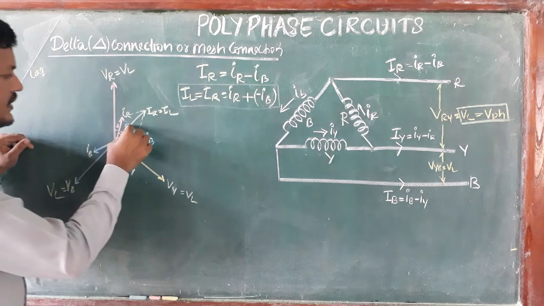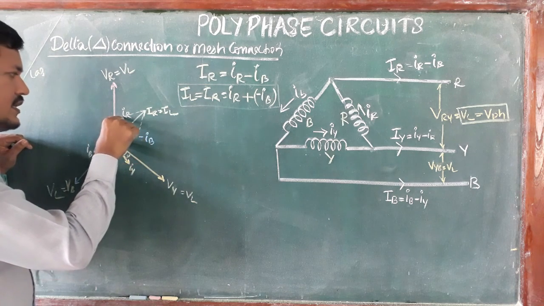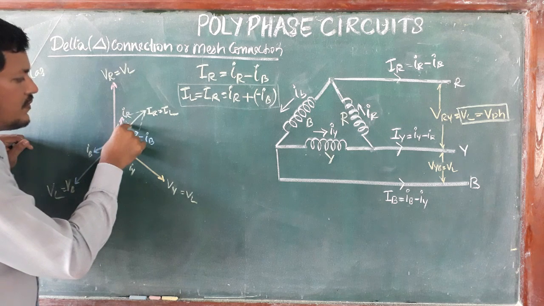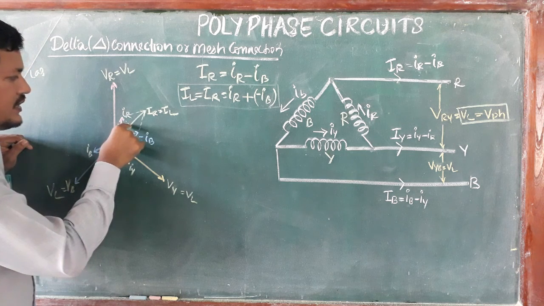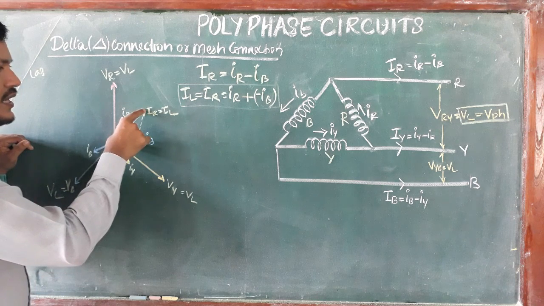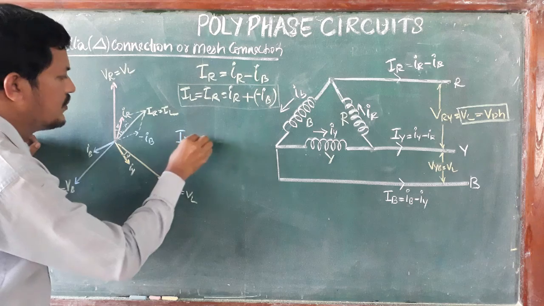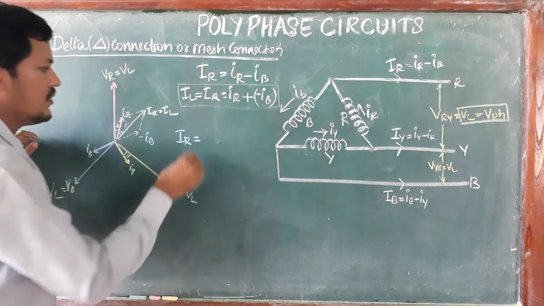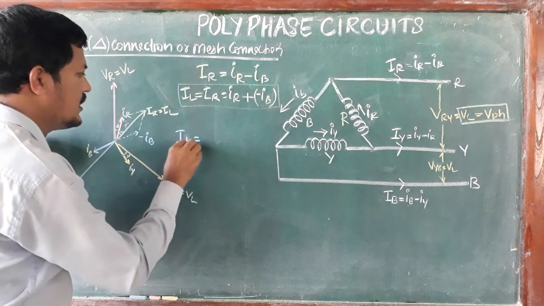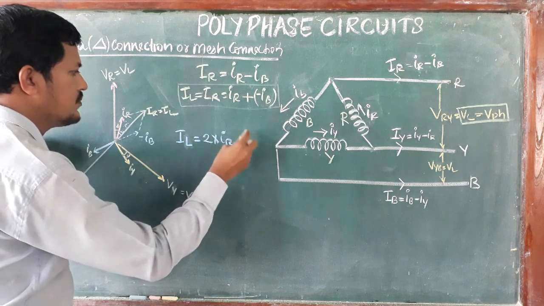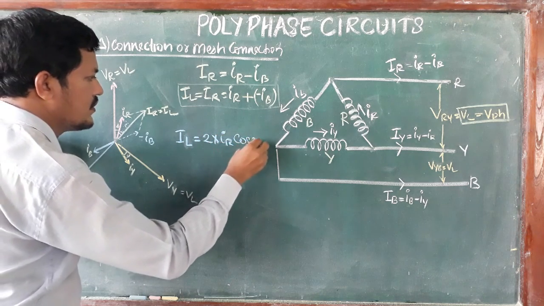So this side is IR, the hypotenuse is IR. This side is the cos component of IR. So IR into cos 30 into 2 means total IL. So IL equal to 2 into IR into cos 30.